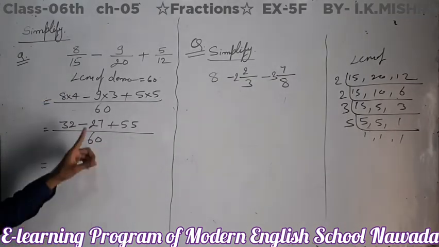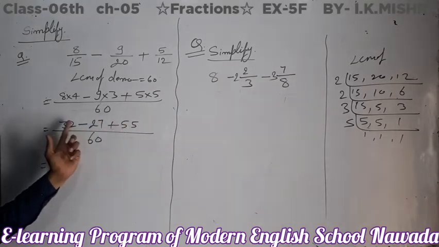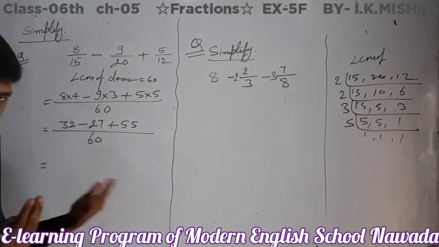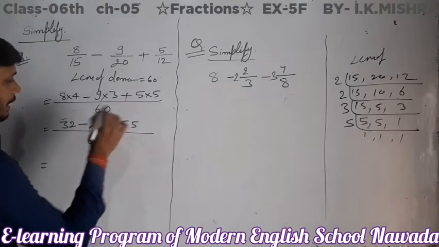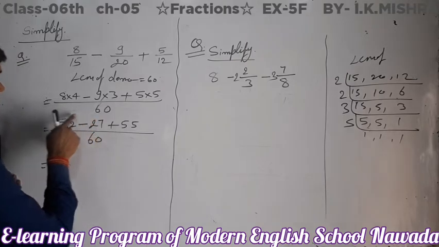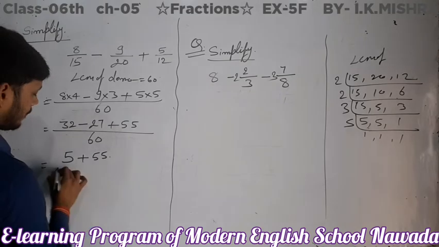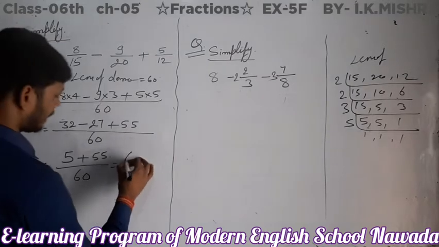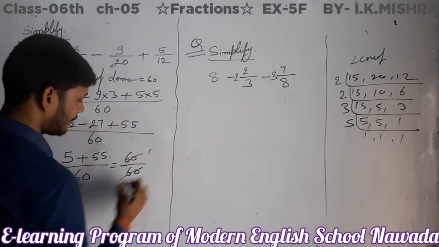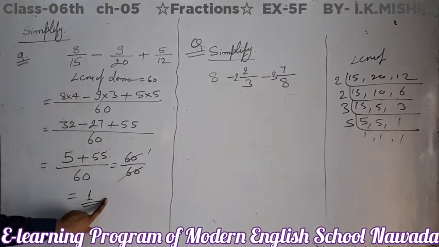First subtract, and it will be 5 plus 55 by 60, that is 60 upon 60, which is 1 times. Its simplest value is equal to 1. It's your answer.